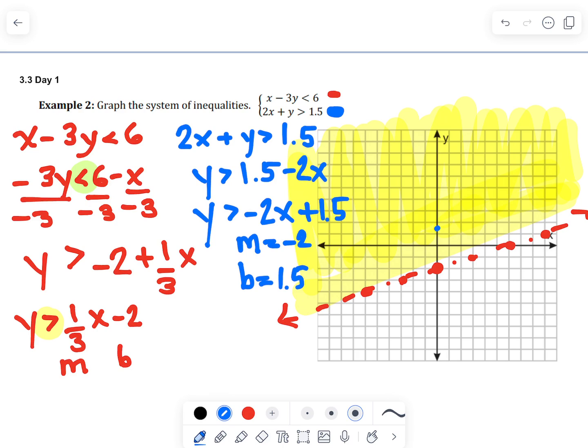So we're going to go up 1.5, right about there, and then go down 1, right 1, down 1, right 1, about there. This is also going to be a dashed line because it's not equal to.